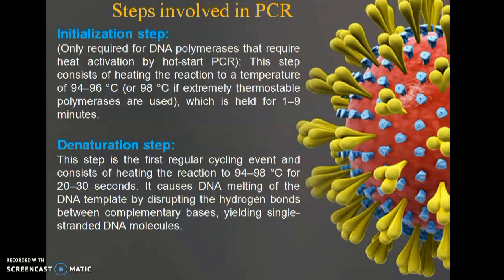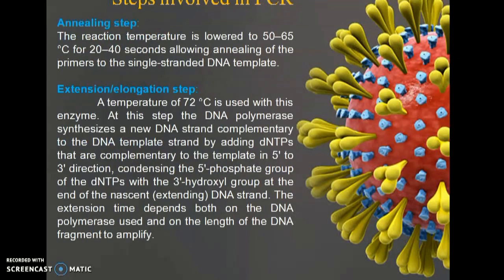Because the DNA is double-stranded, before it gets amplified, it has to be converted into single strands, and for that purpose a temperature of 94 to 98 degrees centigrade is used for 20 to 30 seconds. At this temperature, the hydrogen bonds present between the 2 strands of the DNA get broken, and the double-stranded DNA is converted into single-stranded DNA.